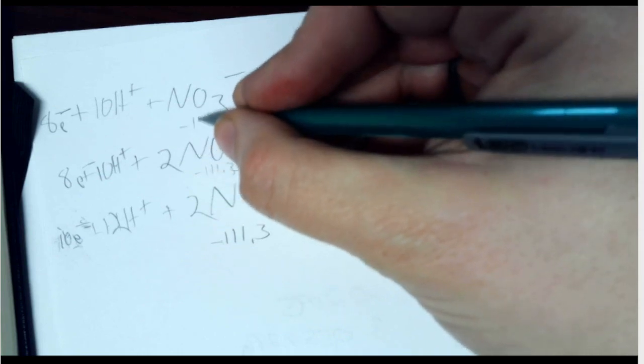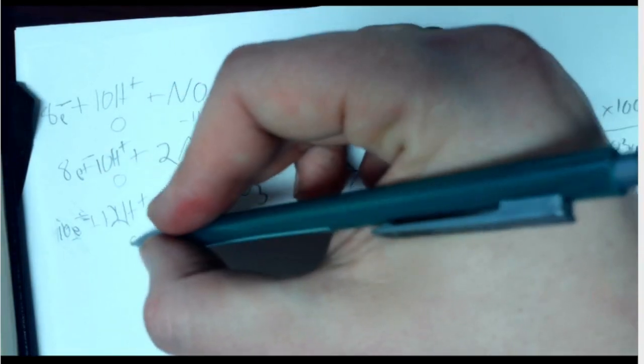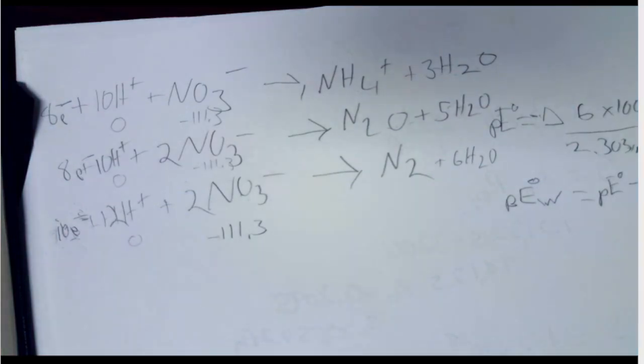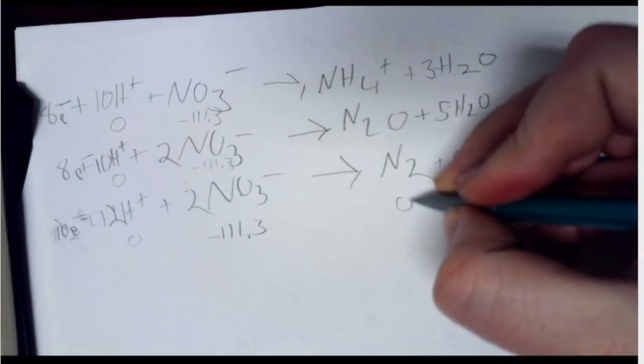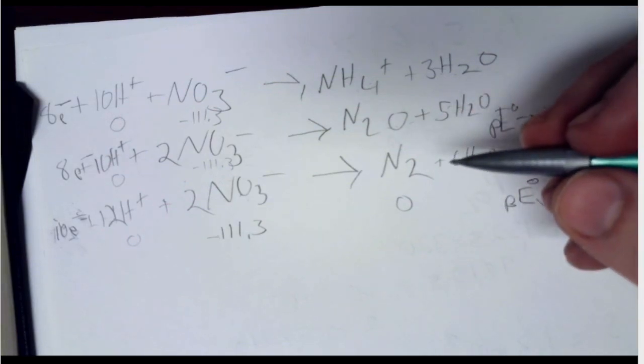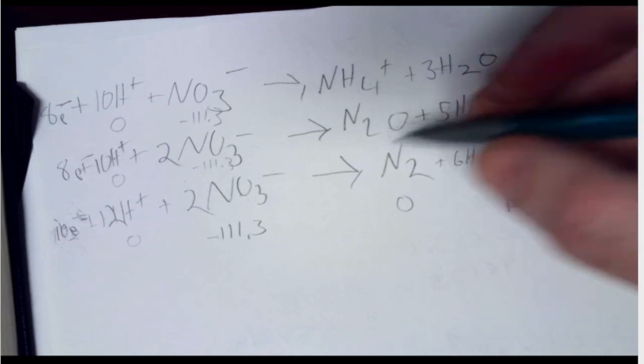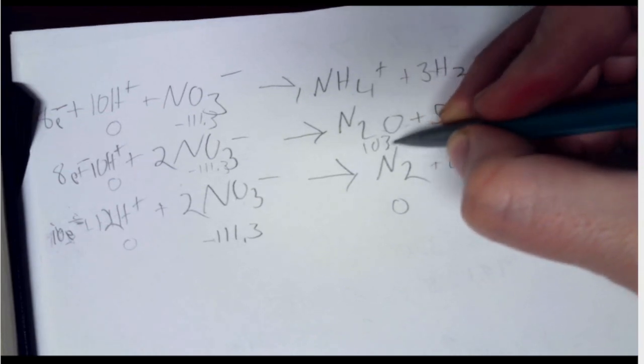H plus has a Gibbs of 0. We've artificially set it to 0. N2 has a Gibbs of 0. N2O has a Gibbs of 103.7.